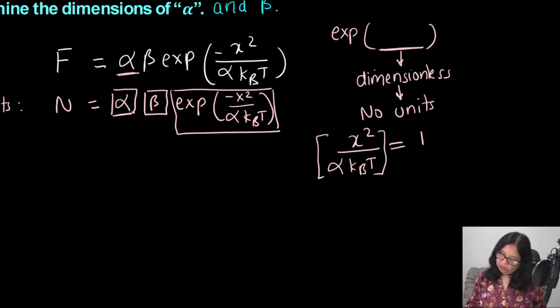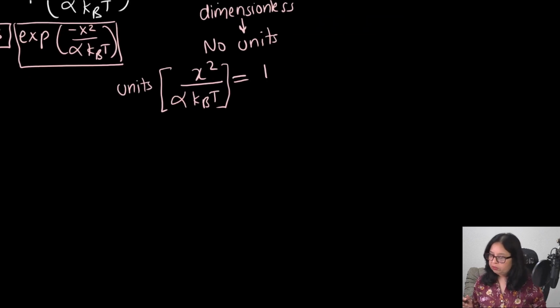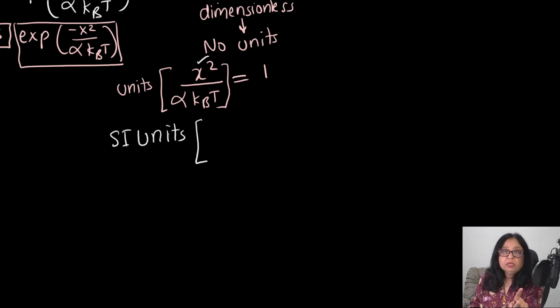So put the unit of x squared divided by the unit of alpha divided by the unit of kB and T. They will all cancel each other out. Let's see how this plays out. X squared, we're told that it is length, so it's going to be meters squared.